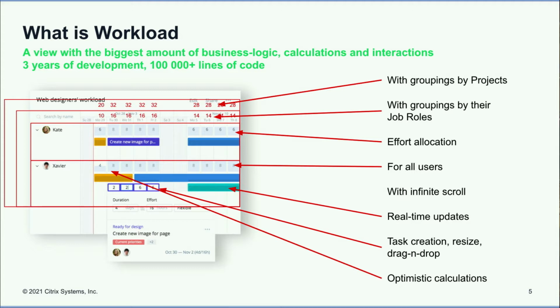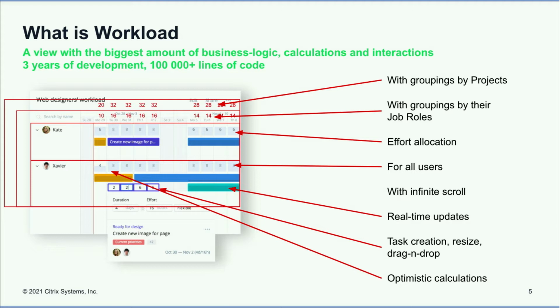They can change dates of this task. They can change effort allocation of the tasks. And that's why every single moment you can get a real-time update from every other user in your account. We have to apply them. And this, again, leads to recalculations.